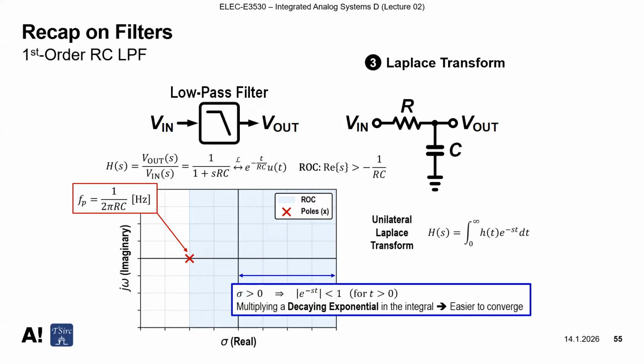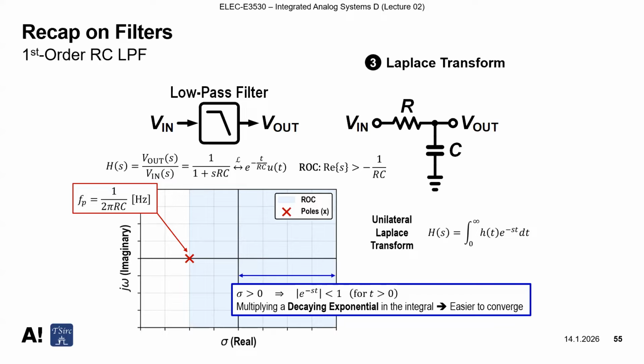When we have a look at the inverse Laplace transform with the RC, and also think of the unilateral Laplace transform equation, which is our case, a causal LTI system: when we take sigma equal to some positive value for the real part, then this exponential factor becomes less than 1 for positive time, which is our causal system case.